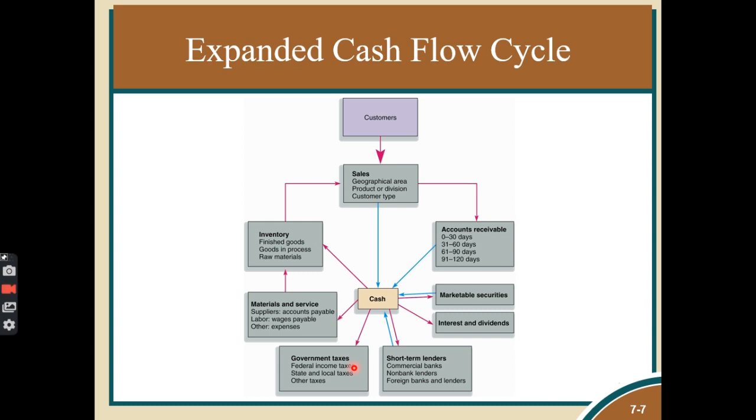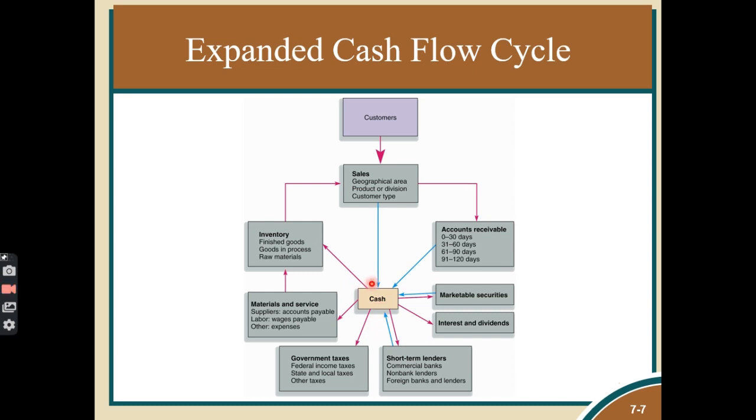Okay? So basically, let's start with the item in the middle, which is going to be your cash. Your cash will increase with these particular items with the blue line. Your cash will increase whenever you have sales, whenever you collect receivables, whenever you sell your marketable securities, or whenever you borrow money from a particular lender.